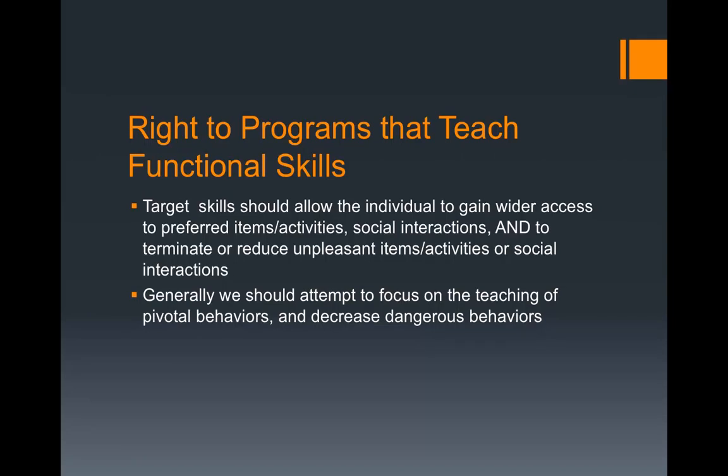And generally, we're going to want to decrease dangerous behaviors, because that's going to restrict the person more and decrease their opportunities to control their environment more, which we're defining as being able to access the things that you want and avoid, as much as possible, the things that you don't want. No different than you or I.